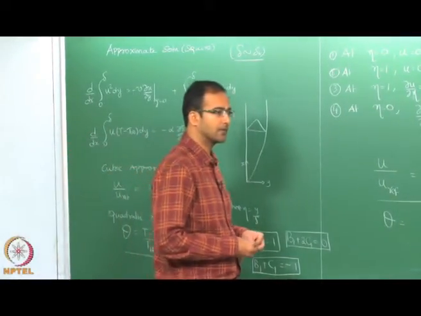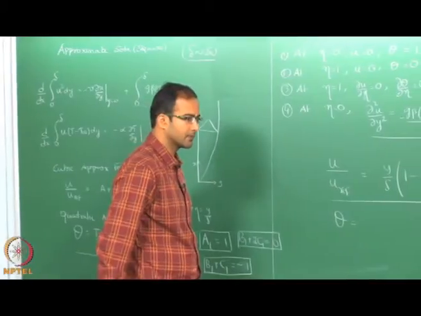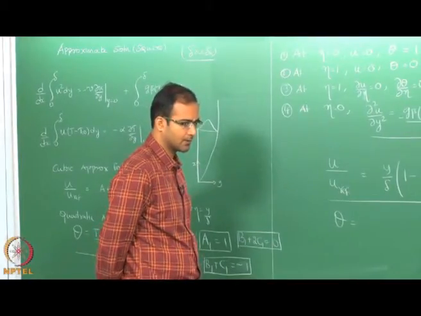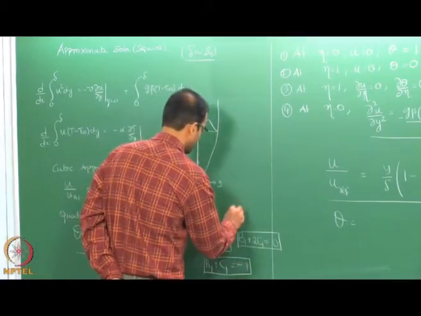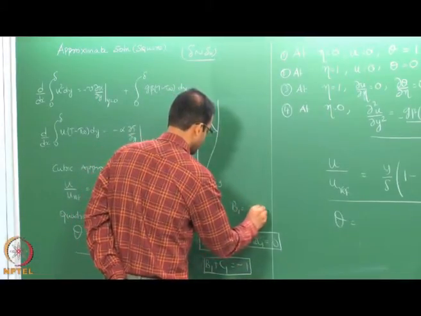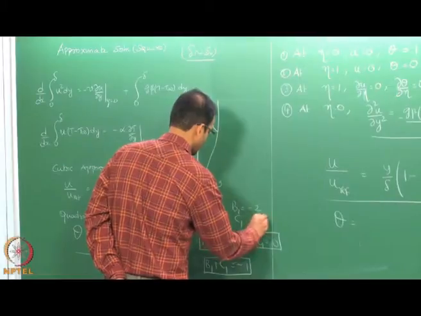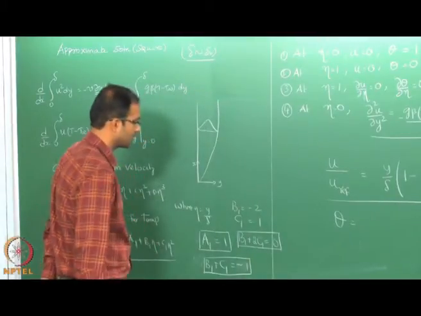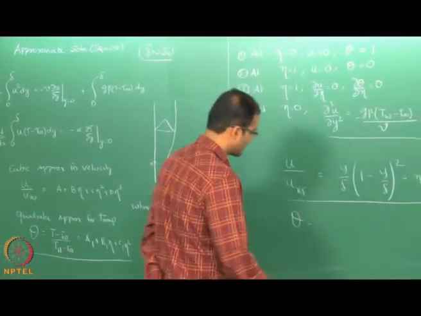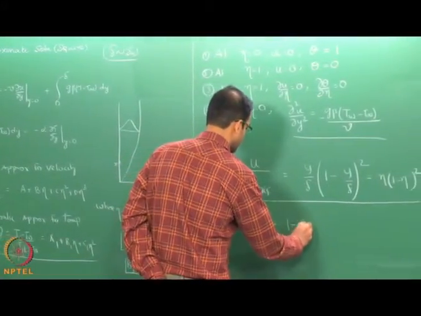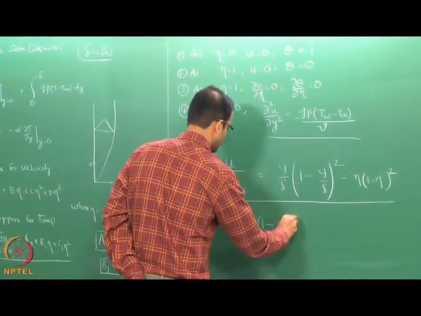So, what do you get finally if you put them? What are the coefficients B1 and C1? B1 will be minus 2, and C1 is 1. So, therefore, the temperature profile comes out to be simply 1 minus eta the whole square.